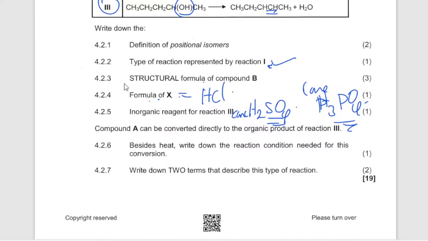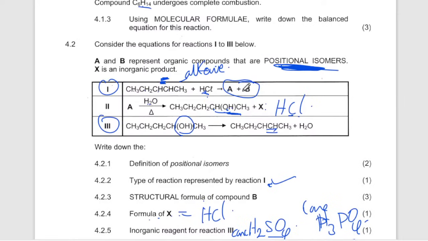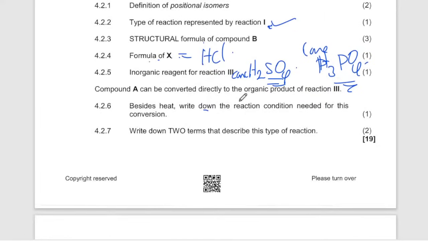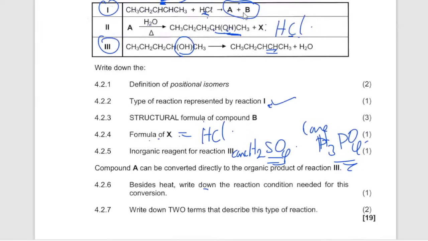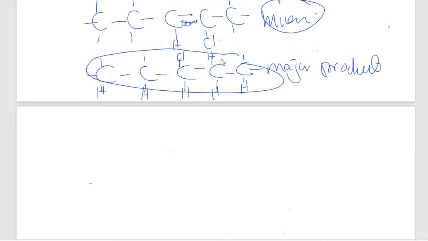Then we go to the next question. Besides heat, write down the reaction condition needed for this conversion. Compound A, let's go back to compound A. Compound A can be converted directly to compound E, from the hydrogen halide directly to alkene.